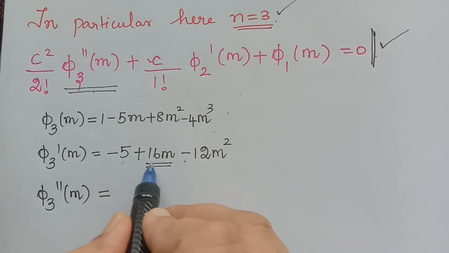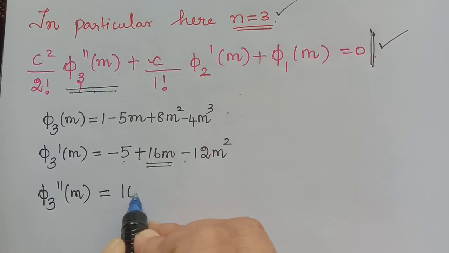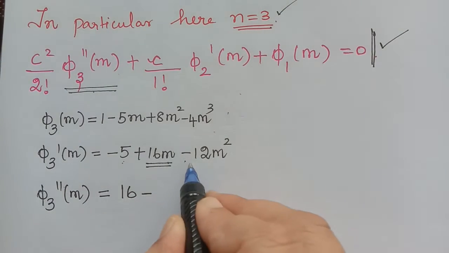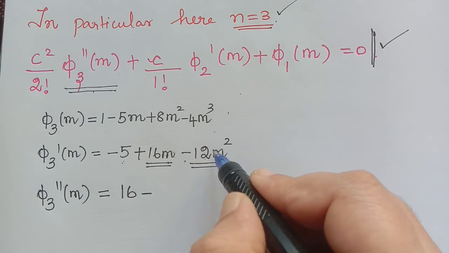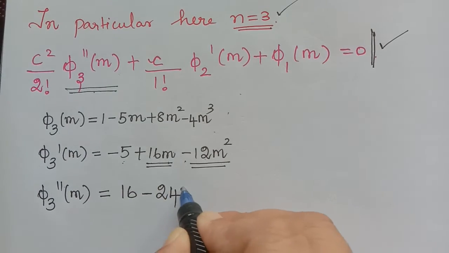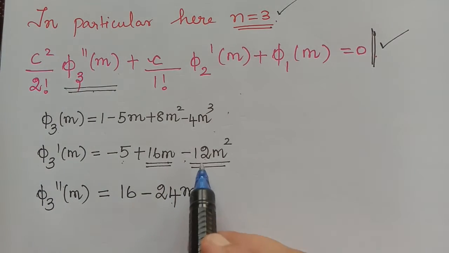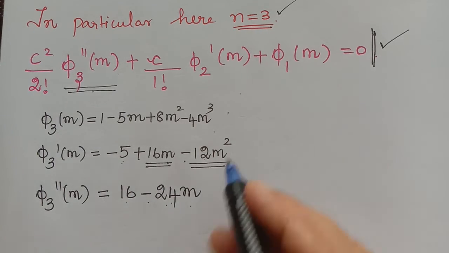And the differentiation of 16m, so m, when we differentiate, we get 1, and so it will be 16. And then minus the differentiation of 12m square. The differentiation of m square is 2m. So 12 multiplied with 2 is 24. So 24m is the differentiation of 12m square. And so we get 16 minus 24m.